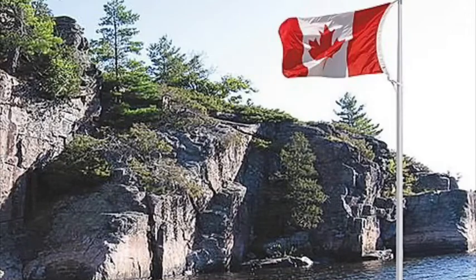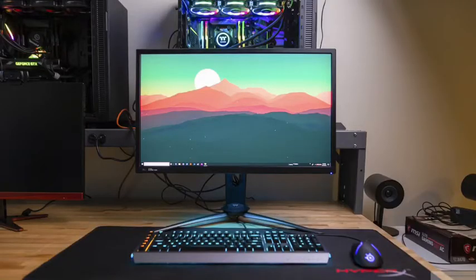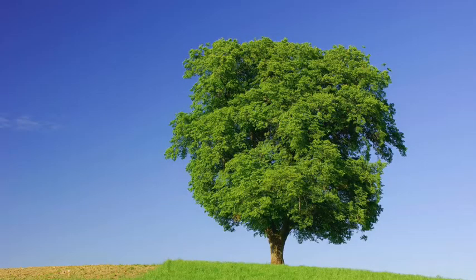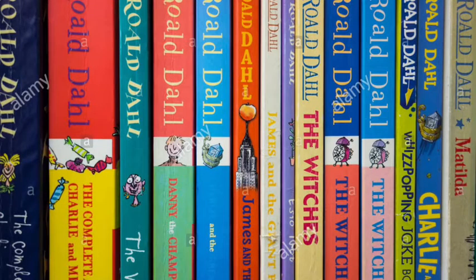So it has a flagpole, a computer screen, a tree, the spine of a book, so not the length of a book, but the width of the spine, and a skipping rope.